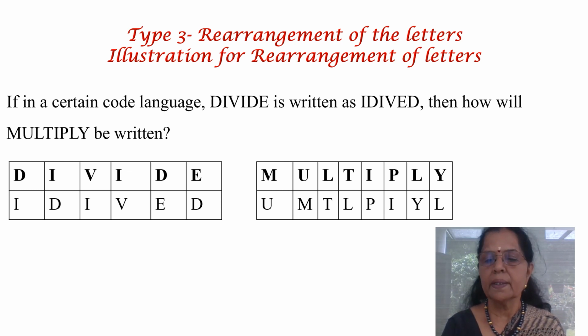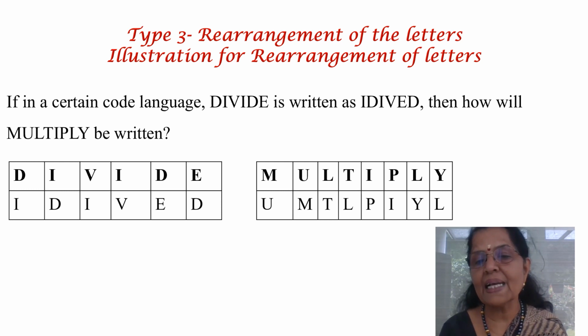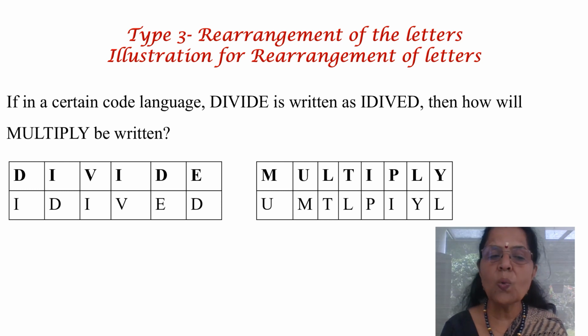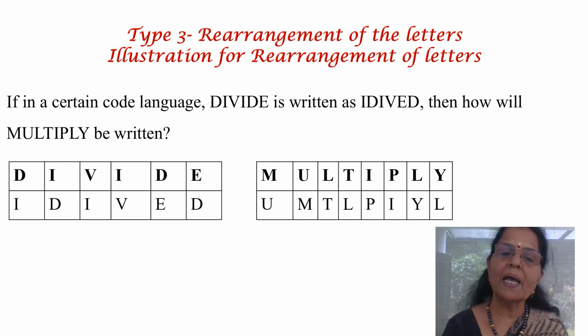Now see here, an illustration is given for the third type where the letters are rearranged. In a certain code language, the word DIVIDE is written as IDIVED. Then how will the word MULTIPLY be written?